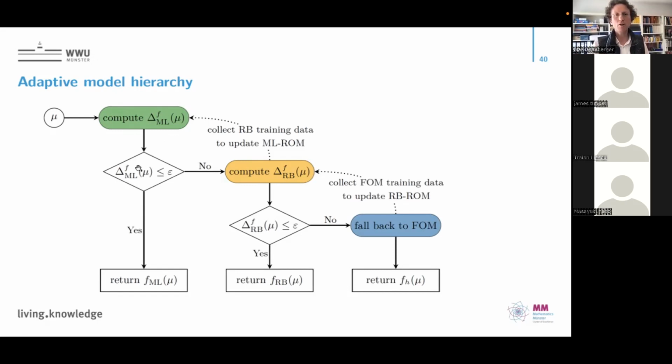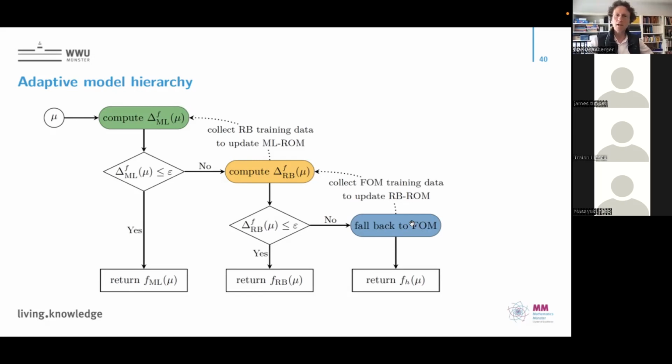And if the machine learning model is good enough, then you just return the solution with this machine learning surrogate model. If it's not good enough, then you compute the next higher order level, which means the reduced order model. You compute the error estimate also here. And if this is good enough, you return that one. If this is not good enough, of course, you need to go to the full order model.